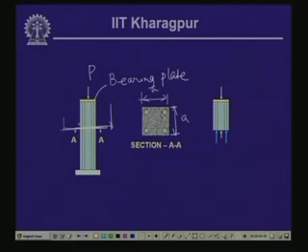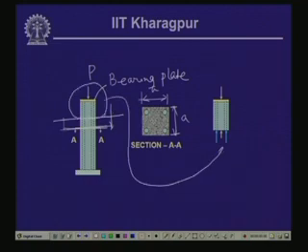Now, if we cut the member here and take the free body of the top part, the free body diagram looks like this, where the top force is P, and for the equilibrium of the whole system, we will have the internal forces exerted by the concrete, let us call that PC, and the steel rods in a combined form, let us call that PS.